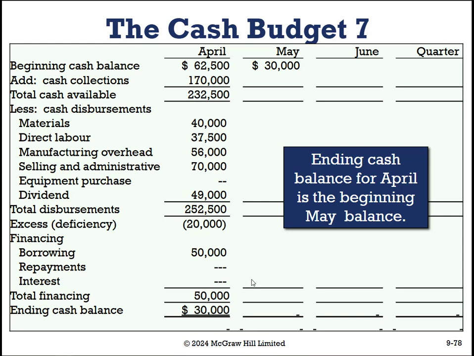You best believe that next month there's going to be interest of 16% times 50,000 divided by 12 for that month's borrowing, for that silly dividend. Yeah, you would have had to borrow 1,000, but like, big deal if you didn't have that dividend. Okay, and then ending cash balance, 30,000, exactly as it should be, because we borrowed enough to make it so. All right. Feel free to give this video a pause and do this for the next month of May.